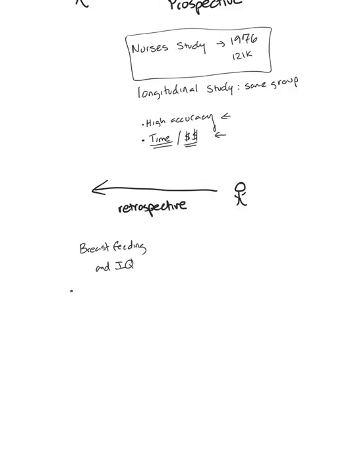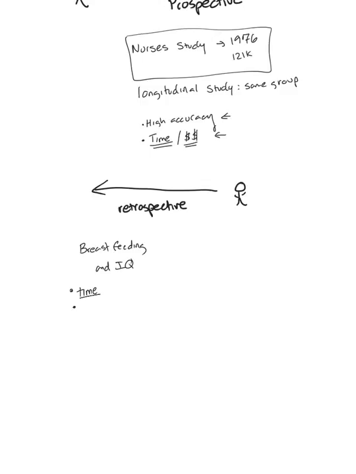So let's talk about advantages first. A really good advantage is that it takes very little time to do this type of study. That is, they went out, they found the mothers, they asked them the questions, and they immediately had data off of it. They didn't have to wait for the children to grow up or the mothers to stop breastfeeding to get the information they wanted. So time is an advantage in retrospective studies versus prospective studies.